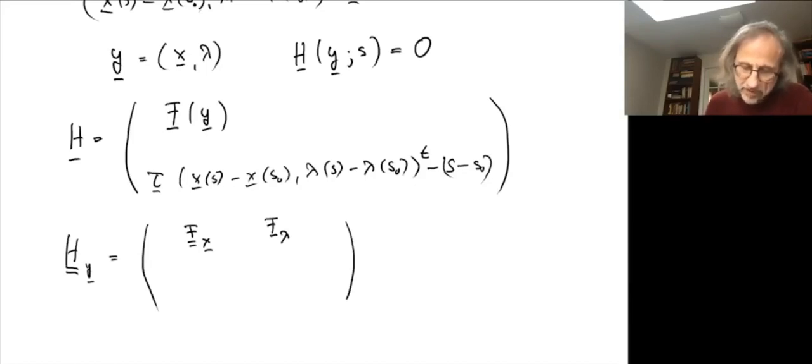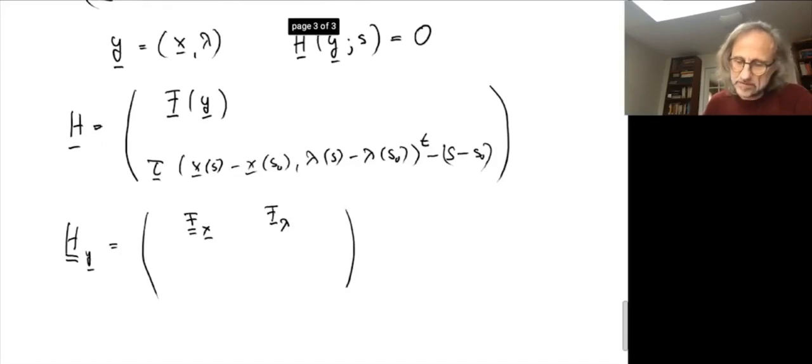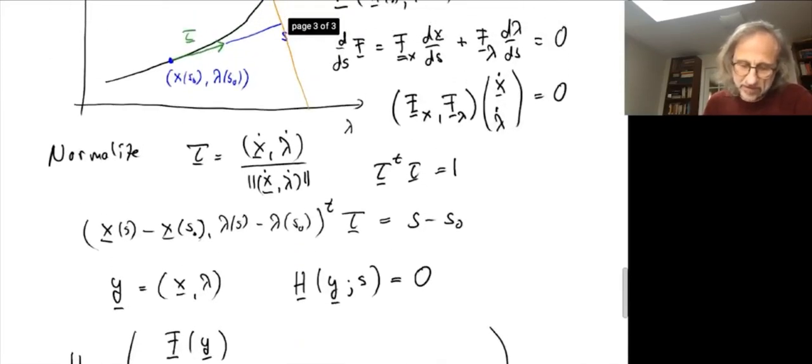And then we have the bottom row where we also need to take a derivative with respect to x and with respect to lambda. If it's with respect to x, we get a tau. And with respect to lambda, we also get the other component of tau. Tau has a component with respect to x and a component with respect to lambda, right? So that's what we had up there. Tau has an x dot and a lambda dot.